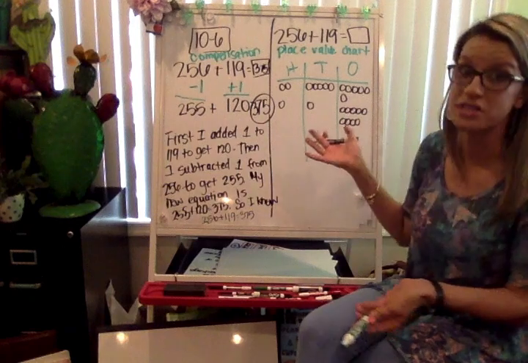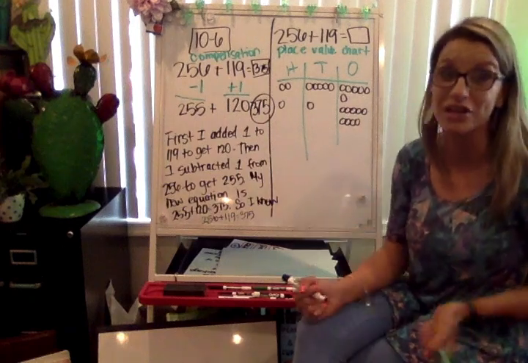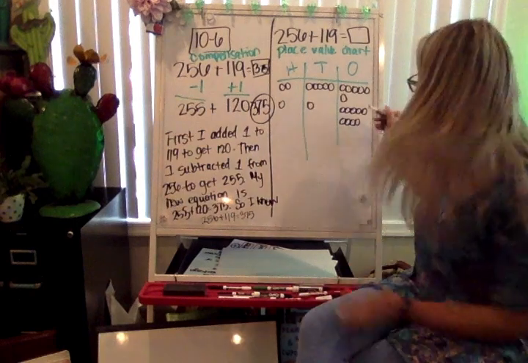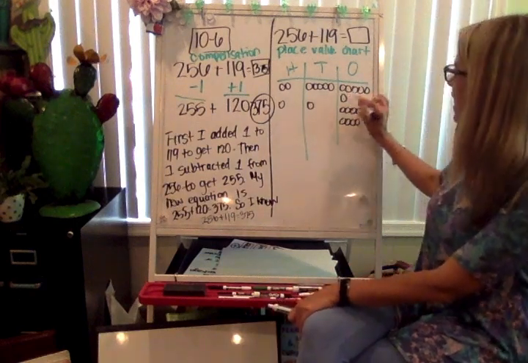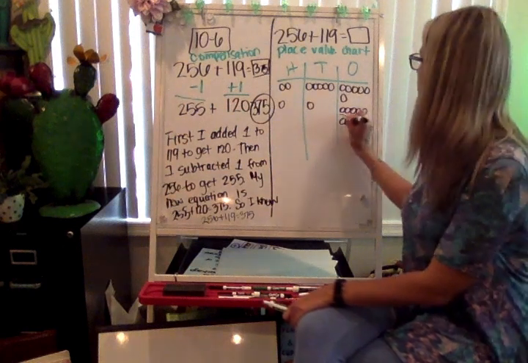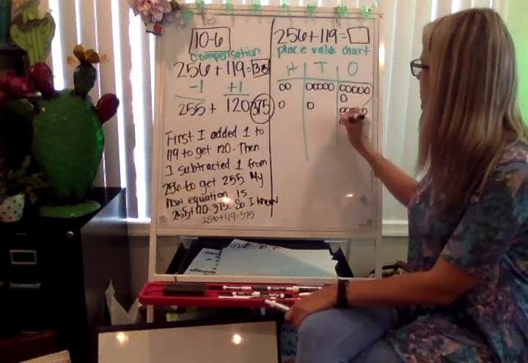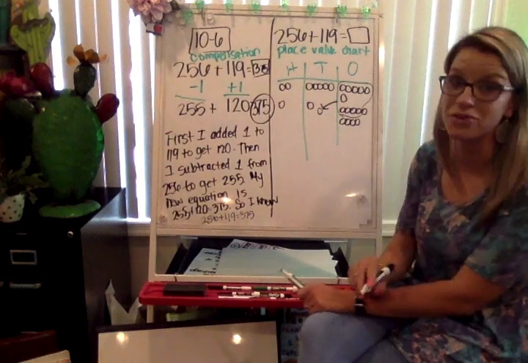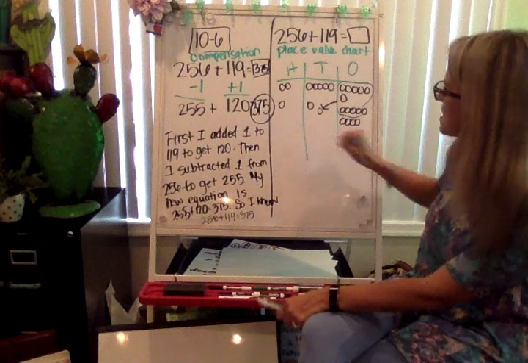So I'm going to do some bundling. I know y'all are really, really good at bundling, so I know this will be very simple for you. Watch. There's 5, 6, 7, 8, 9, and 10. I'm going to make a circle around here. I'm connecting my circle to my arrow to show that I bundled to make a new 10, and I'm just putting it in my tens column.